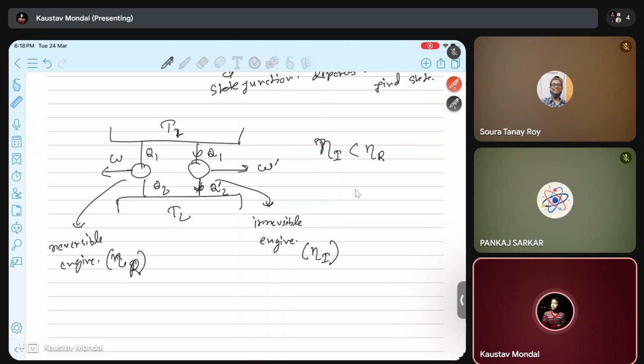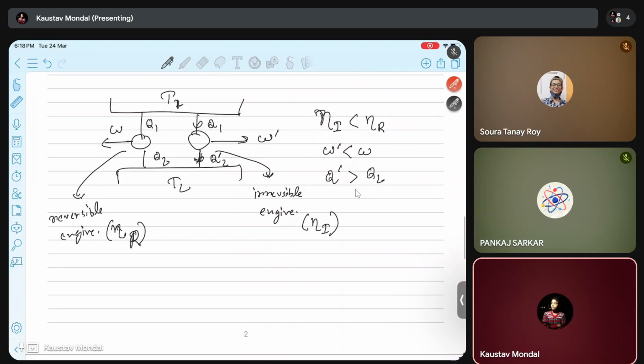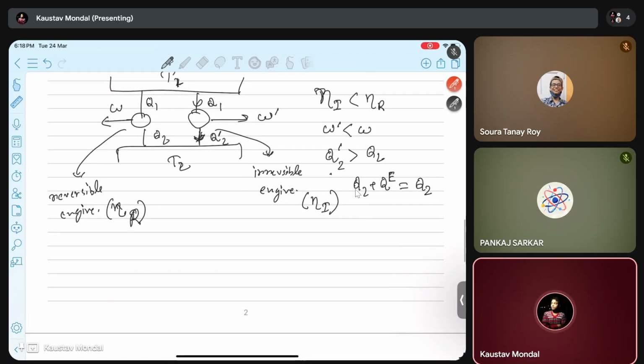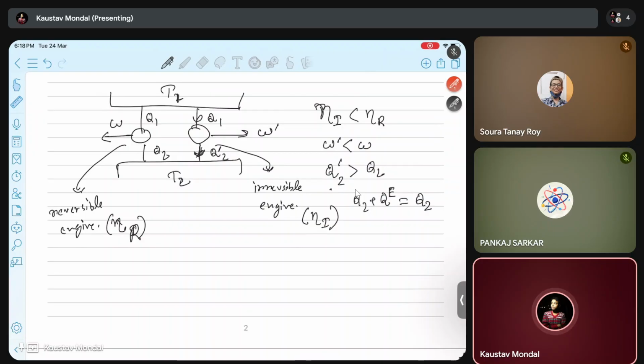The reversible or Carnot engine always has the maximum efficiency. So the work done should be smaller compared to the reversible one, which means Q2 prime will be higher than Q2. So there would be some excess heat going towards the cold reservoir in the case of the irreversible engine.